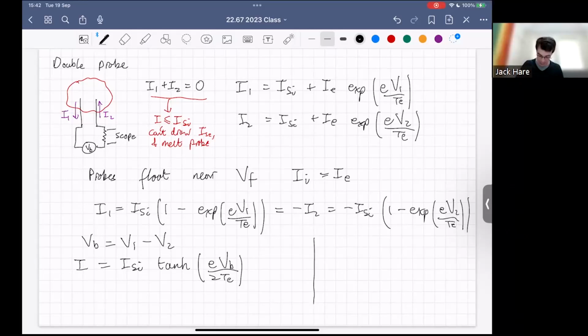And so now if I sketch the IV curve for this, this is V bias and this is I. I end up with something that looks like, if I could draw straight lines, give me a moment.